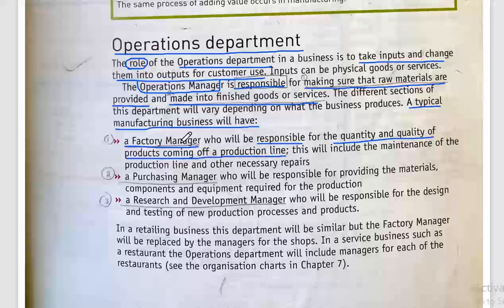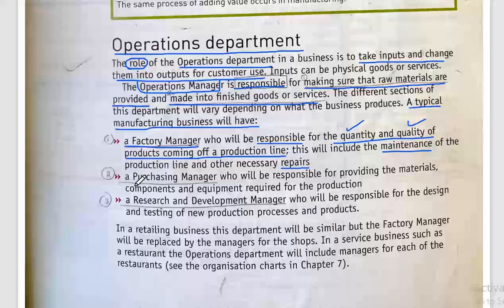So as a factory manager, my responsibility is to make sure that all the outputs I'm producing are in the right quantity and the right quality. So this would include the maintenance of the production line and other necessary repairs. If there's a machine that is not working well, as a factory manager, my responsibility is to do the maintenance and to repair anything that needs repairing in the production line.